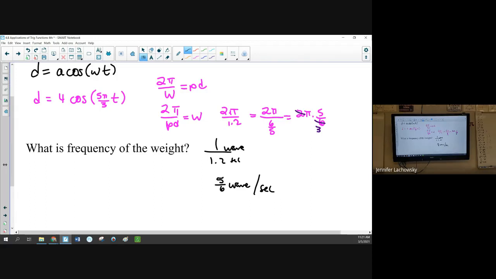Yeah, so frequency is just 1 divided by the period. Cool. Okay.